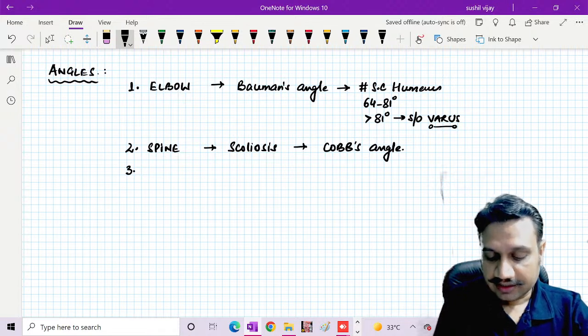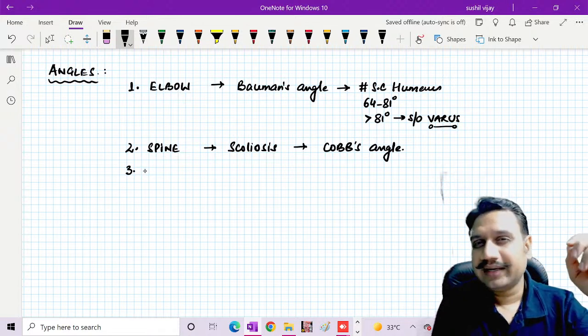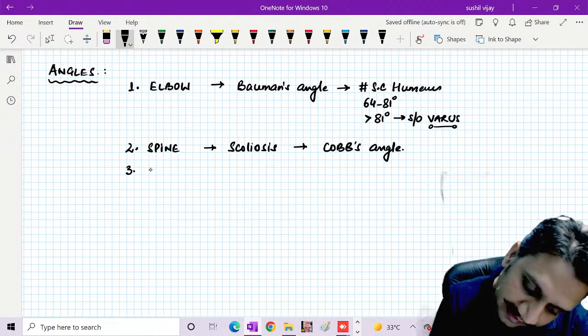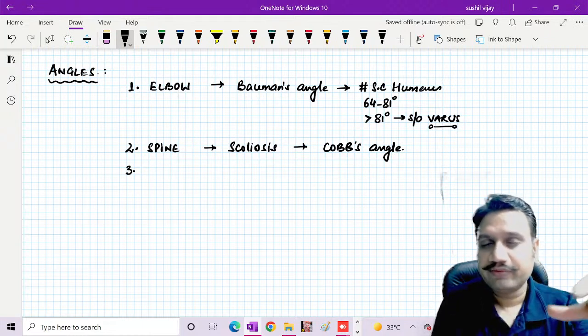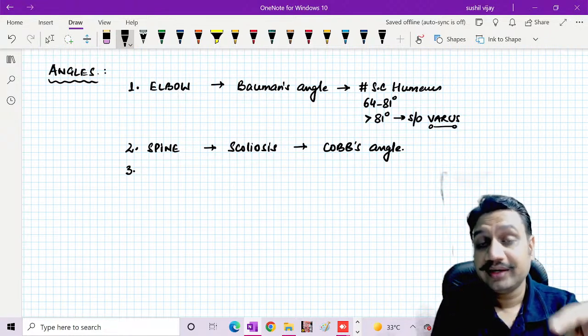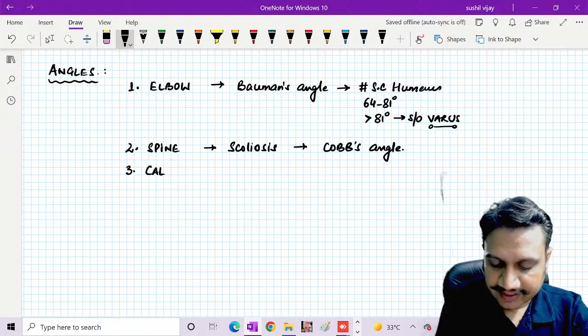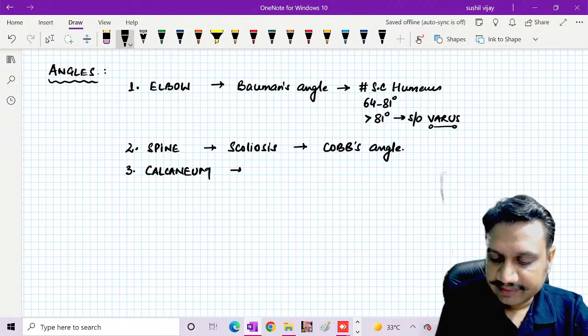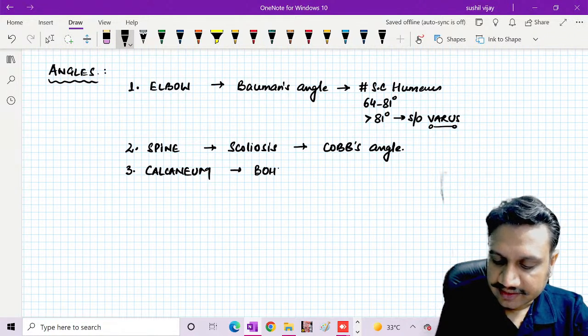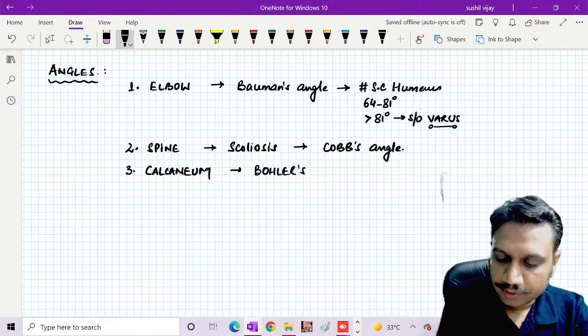Number three is around the lower limb, when you talk about the special angles. In the upper limb bones, only one. In the spine, only one. In the lower limb, you should know the angles around the calcaneum bone. What are the two named angles? I'm just talking about the named angles. One is Bohler's angle. Remember that? How much was normal Bohler's? It was 20 degrees to 40 degrees.